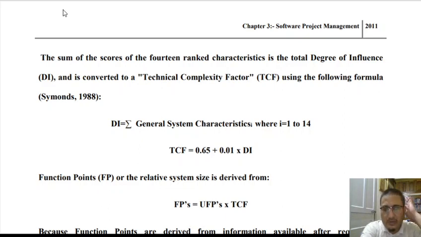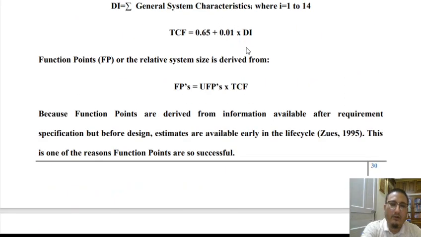Once we have estimated the technical complexity factor, we estimate the adjusted function point or function point. Function point is the product of unadjusted function point and technical complexity factor.